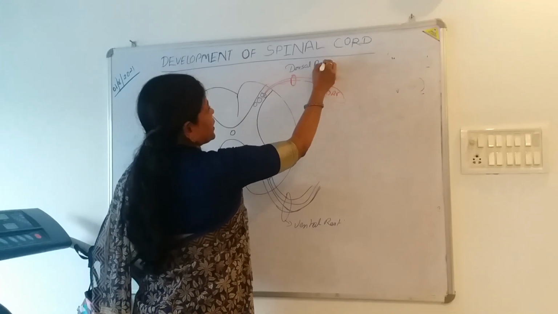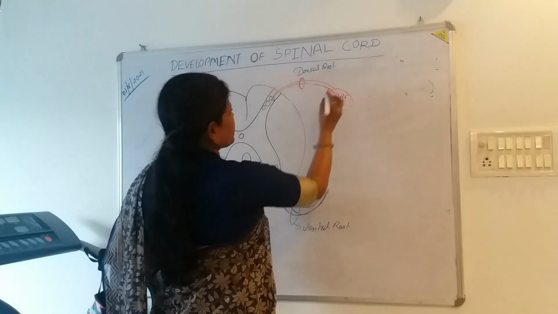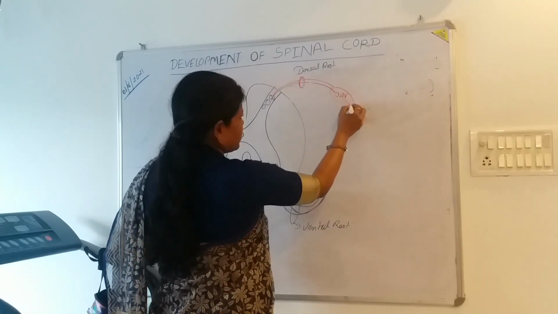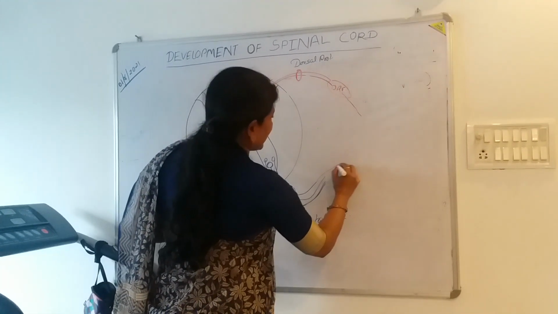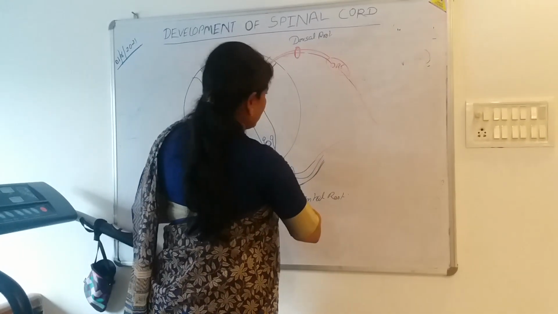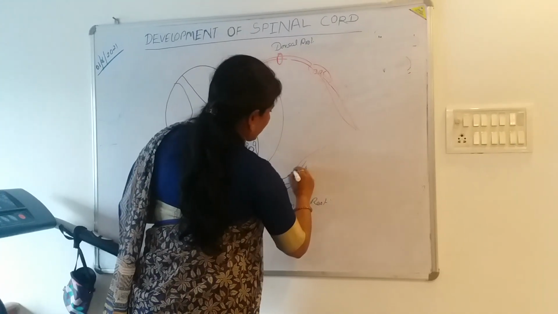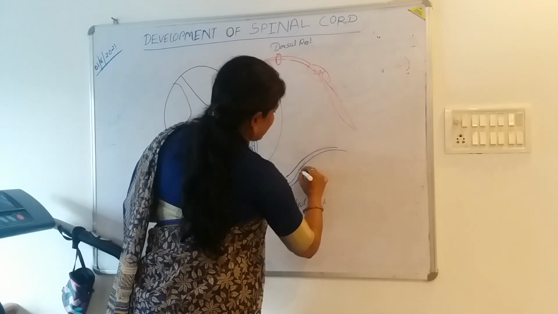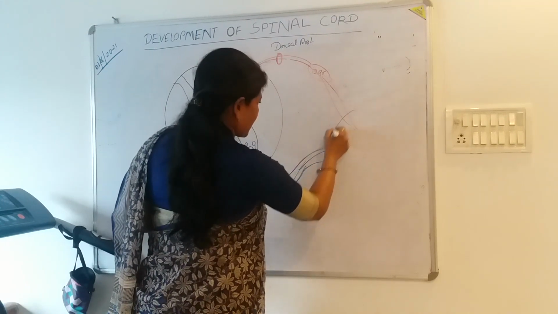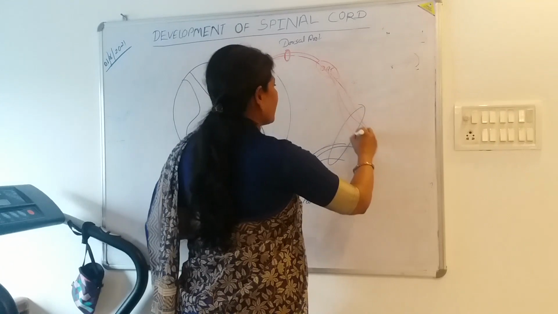Dorsal root, and this is the ventral root. Now, both the roots unite here. The two roots will unite and form what? A common trunk here. Isn't it? A common trunk will be formed.